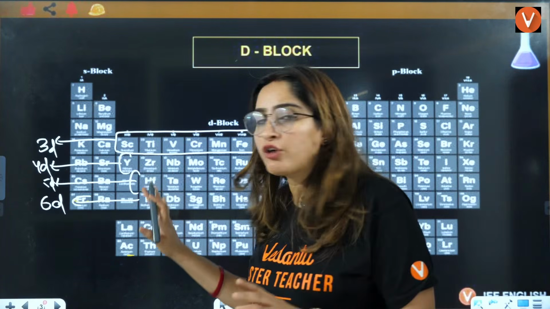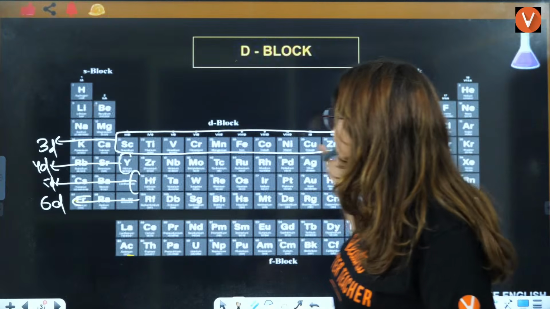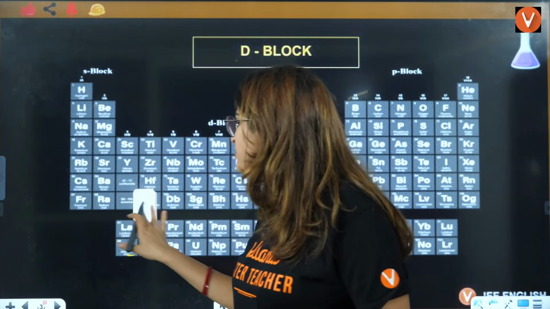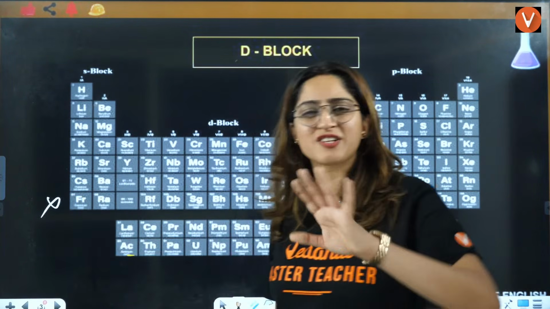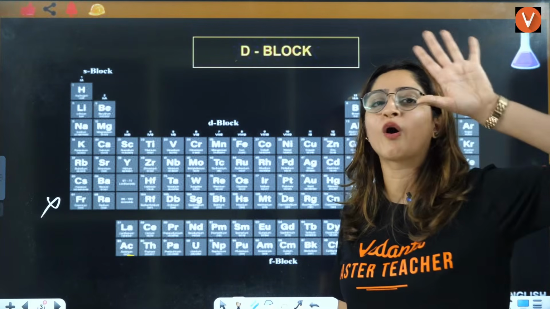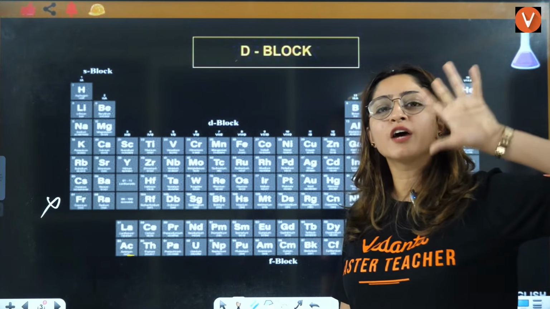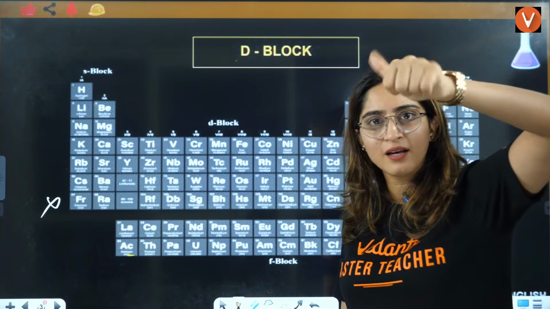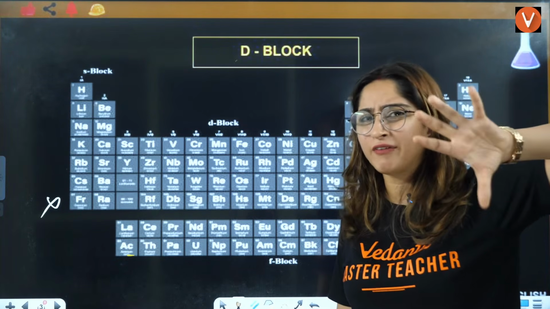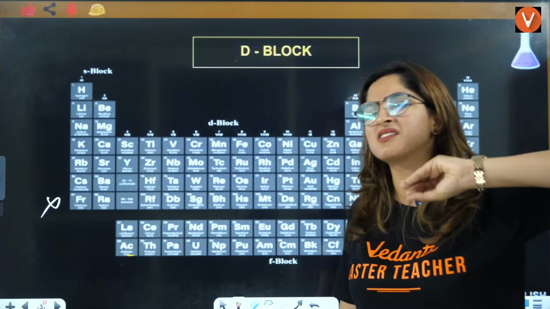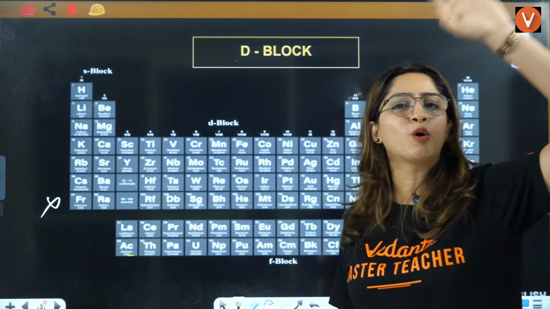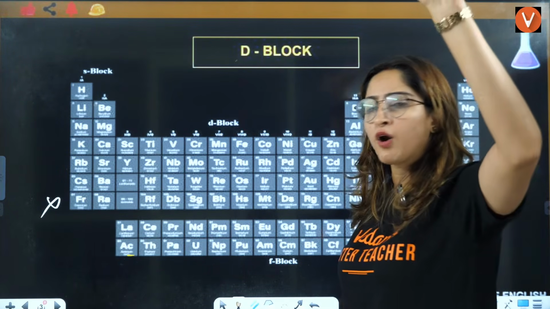So when I talk about zinc, cadmium and mercury, we are not going to talk about the 6D transition series. We are majorly focusing on 3D, then 4D and 5D in comparison. We are never going to learn about 6D, so take a chill pill on 6D.